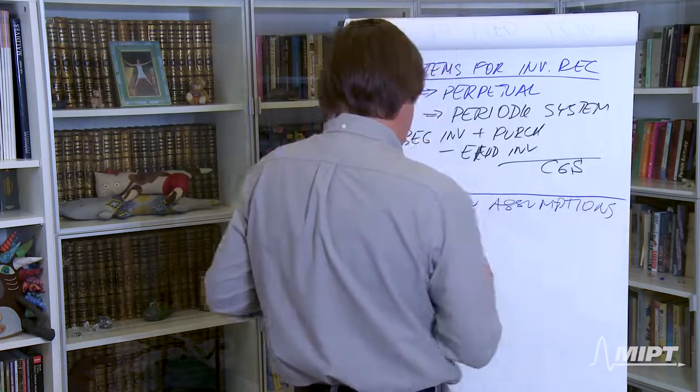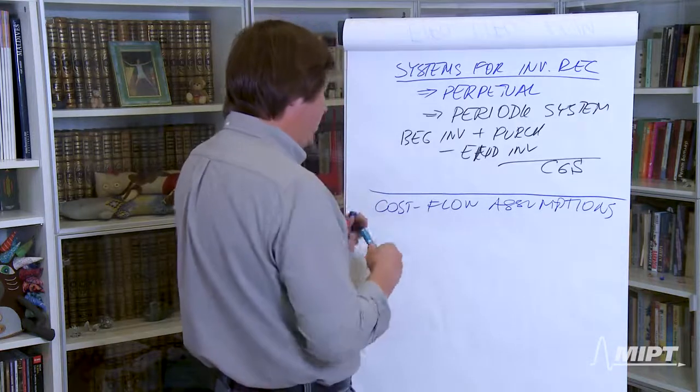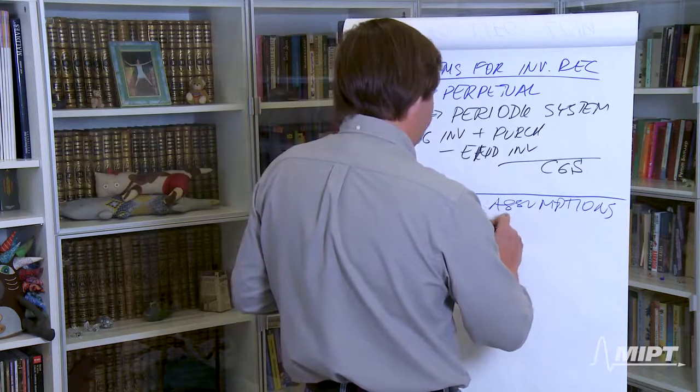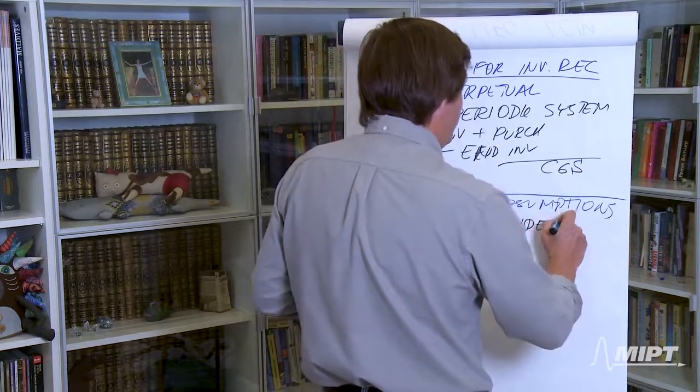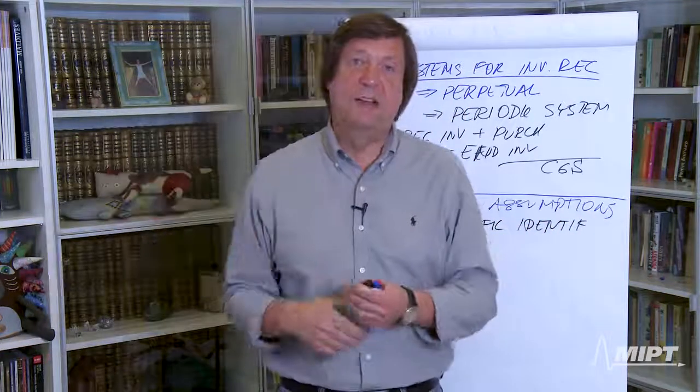And these are maybe basically four. First of all, specific identification. Well, let's say that for each and every piece of goods in your warehouse, there is a label affixed. So when you sell it, you know exactly how much it costs.